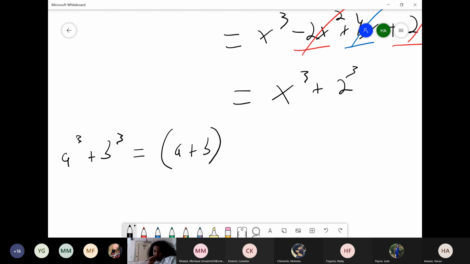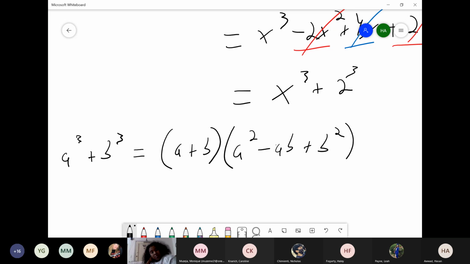So it's going to be a plus b times a squared minus ab plus b squared. And there's actually a mnemonic device to help us out with this one as well. Sum of cubes and difference of cubes follow the same mnemonic device.